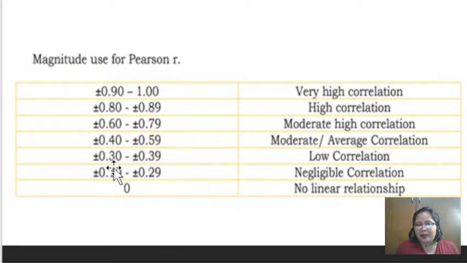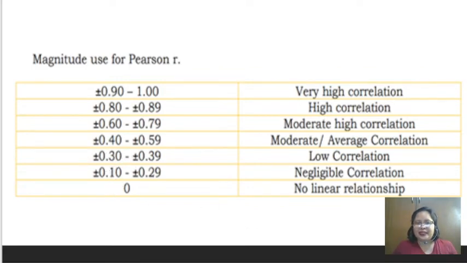If it is 0.30 to positive or negative 0.39, it has a low correlation. And if it is 0.10 to positive or negative 0.29, it is negligible correlation. Or if it is 0, no linear relationship. Okay?